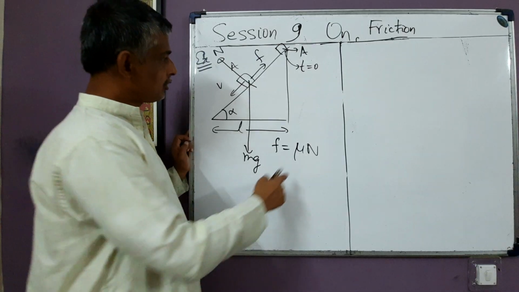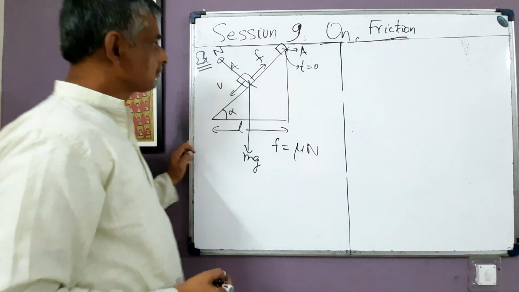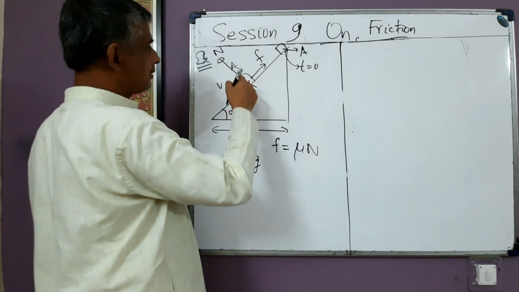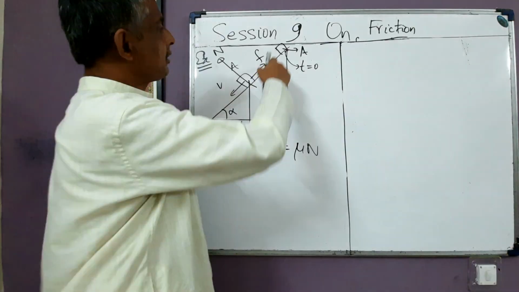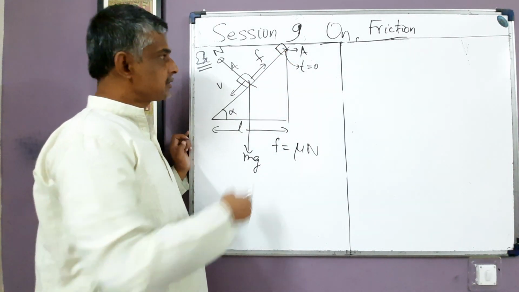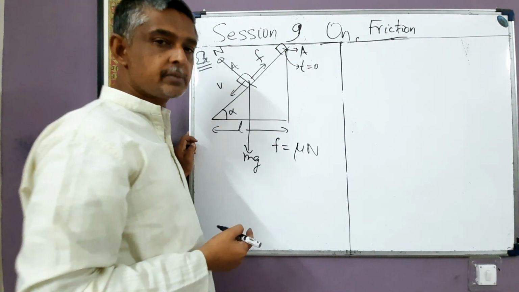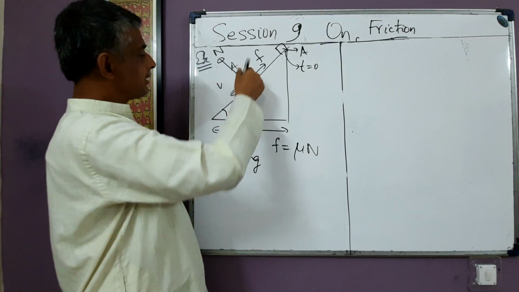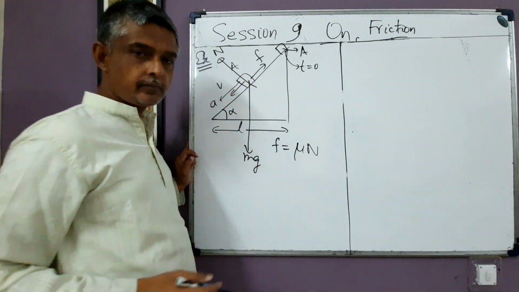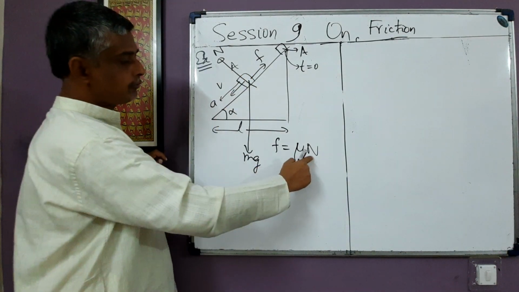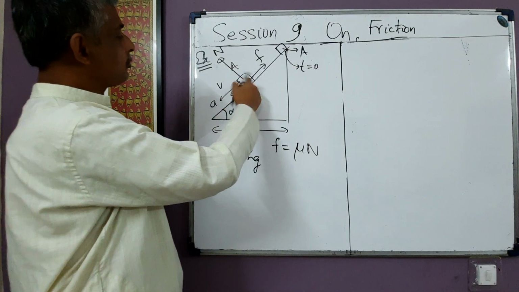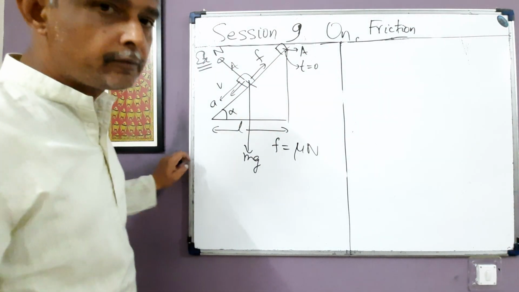Now we also need to know the value of N. The block initially starts from rest, so it's moving down with increasing speed. Its acceleration is directed down the incline, say a. To find N, I apply Newton's second law to the block along N with respect to the ground frame.